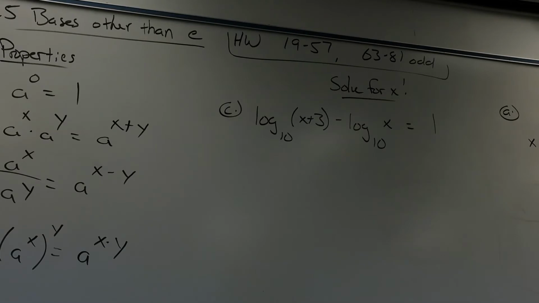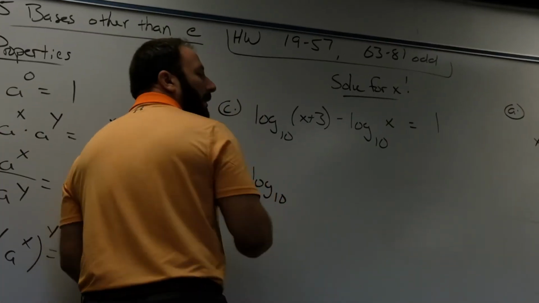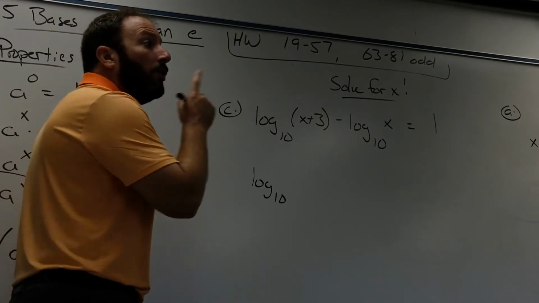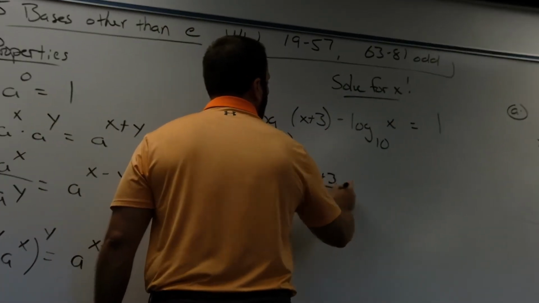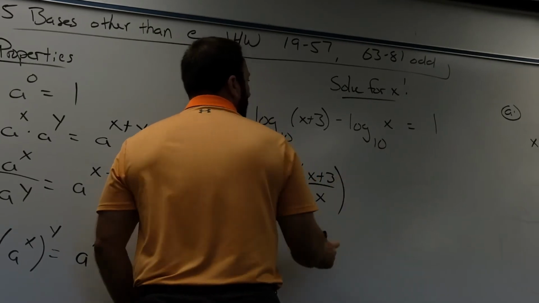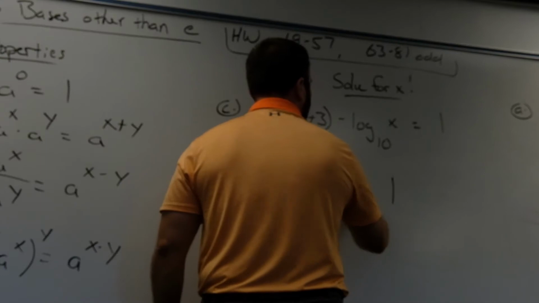Get the x's by themselves if we can. Right now I've got two logs on the left. They're both base 10, though. So what can I do since they're both base 10? Yeah, let's combine them. So on the left, this would be log base 10 of what? Good. x plus 3 over x. So we're subtracting, it's like dividing. That equals 1.